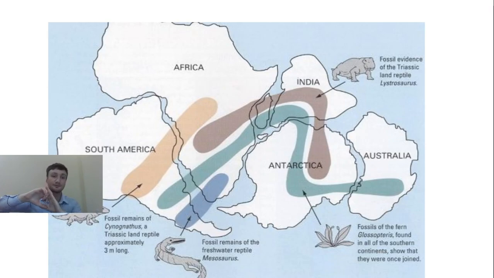Very interesting. That's how they realized that the continents have been drifting and moving apart over millions of years, because animals used to be found on different sides of both of them, showing that they used to be together like a jigsaw puzzle.